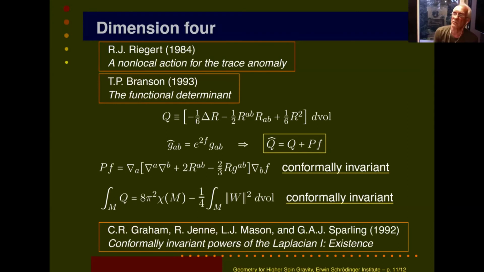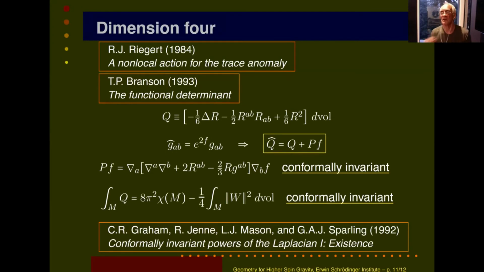But nevertheless, if you just take n to be a real number and take a limit as the dimension approaches your favorite even dimension, then you can see that there's something called the Q curvature sort of falling out. And this is how it was first determined in this article by Tom Branson.